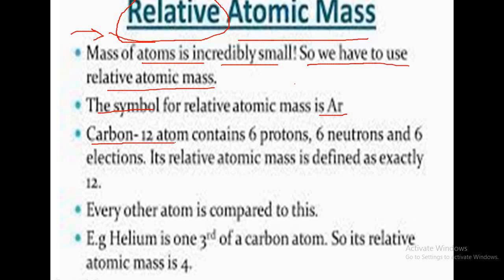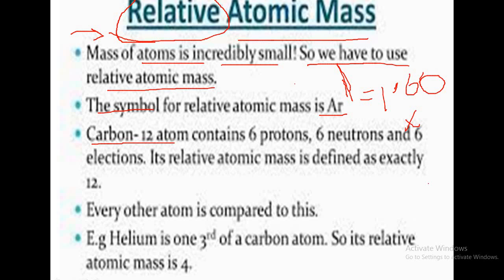The mass of a hydrogen atom was found to be 1.66 × 10^-24 gram, and the mass of a carbon atom is 1.99 × 10^-23 gram.